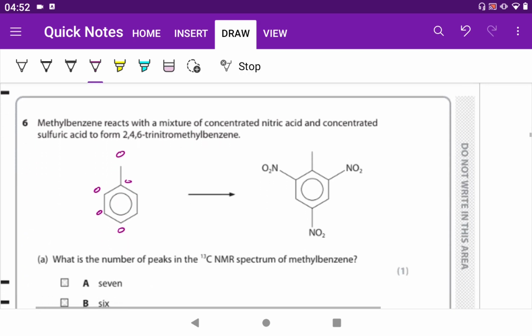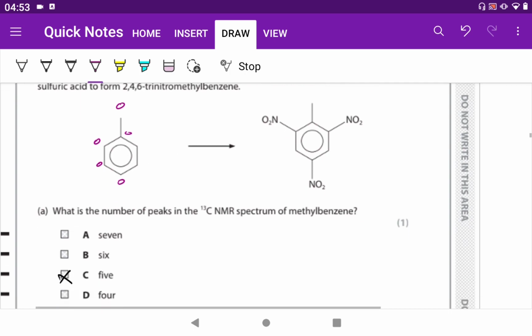Now question 6. Methylbenzene reacts with a mixture of concentrated nitric acid and concentrated sulfuric acid to form 2,4,6-trinitromethylbenzene. What is the number of peaks in the 13C NMR spectrum of methylbenzene? Here are different carbons: this is 1, here is 2, 3, 4, 5. So the total is 5 peaks that can be seen.